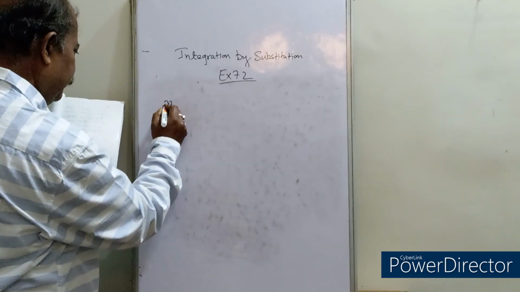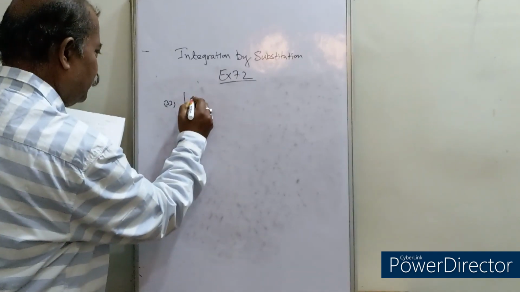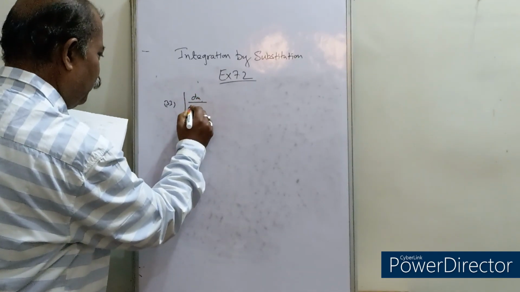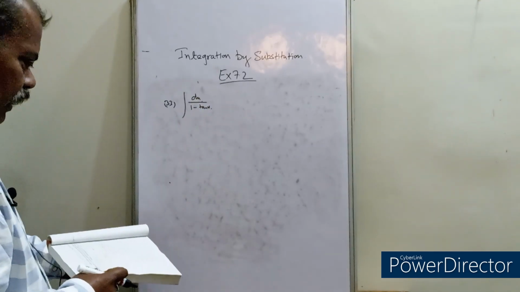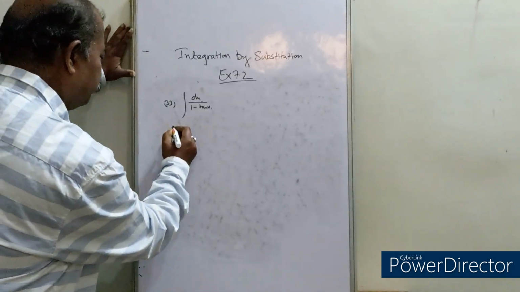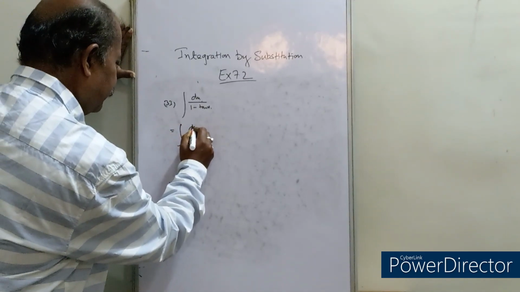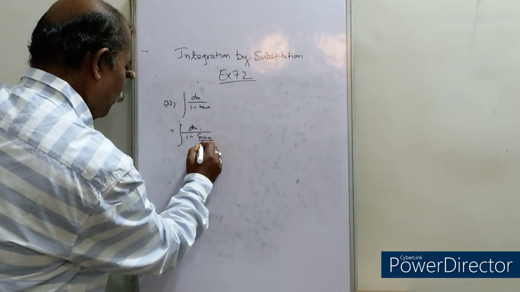Question number 33. Here you see, again integration of dx by 1 minus tan x. Again I am going to do the same pattern, that is dx by 1 minus sin x by cos x.